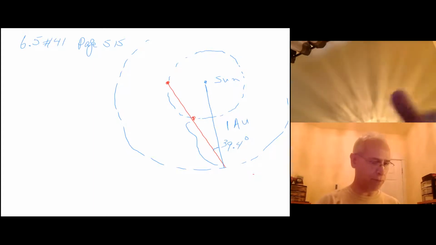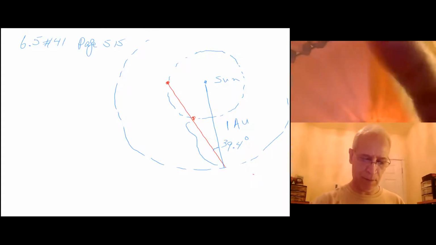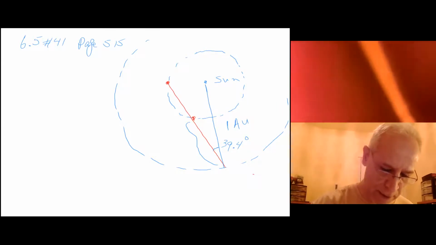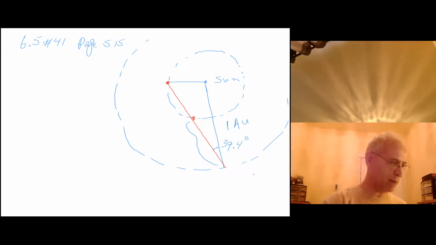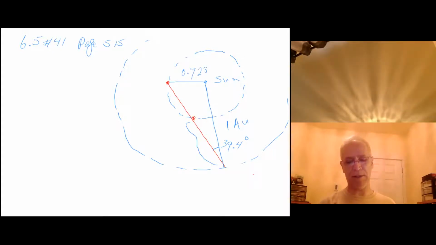And one more piece of information that the textbook says is that the distance from Sun to Venus is 0.723 astronomical unit.